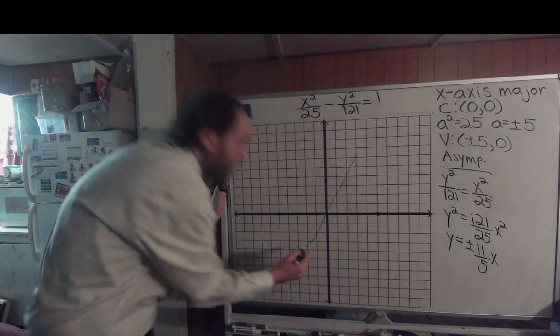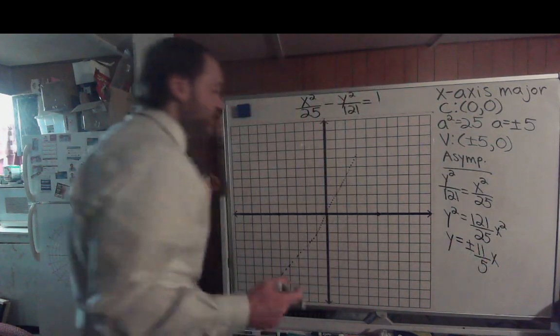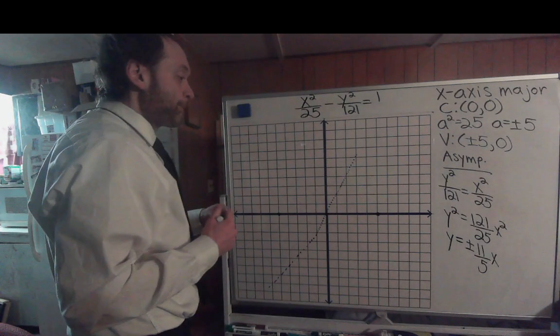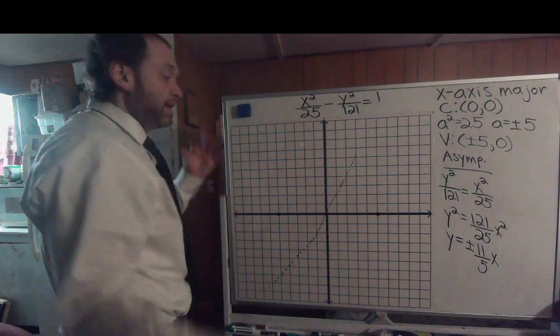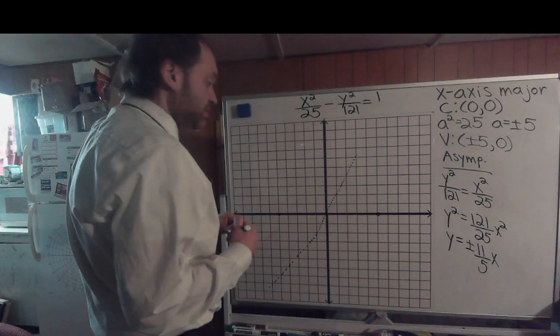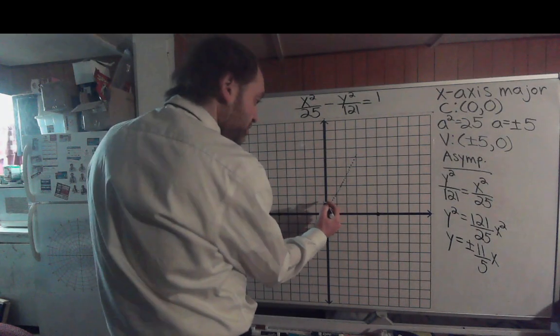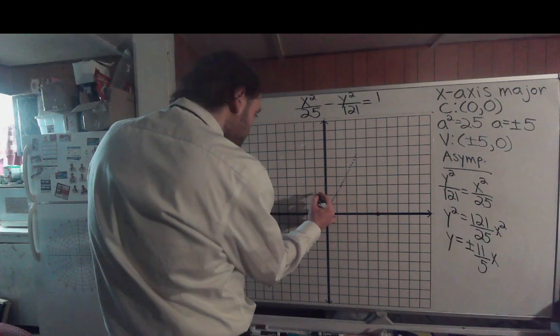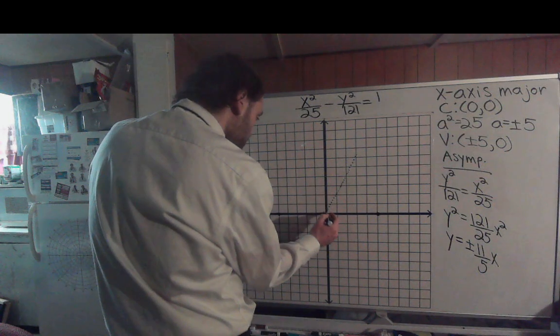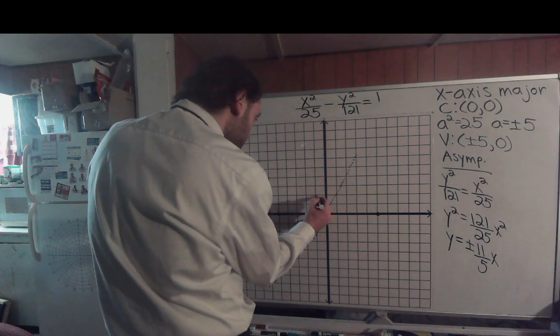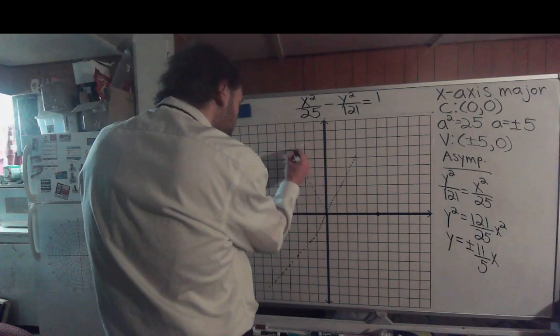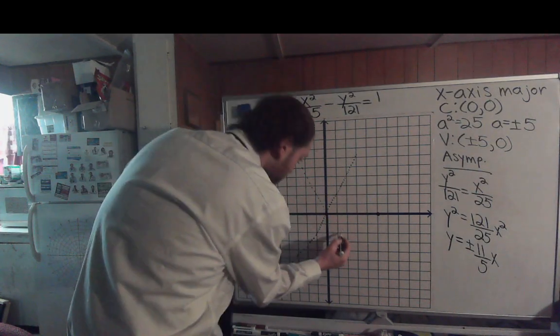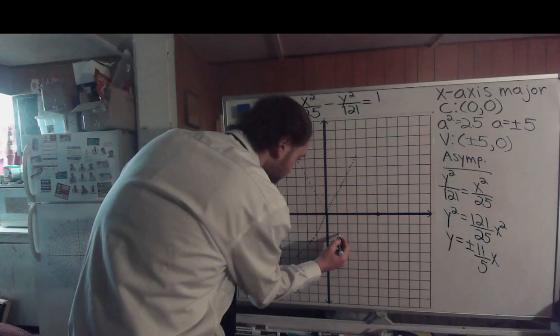For the first one, the plus 11/5 x, we also have to do the -11/5 x. So at -1, you would end up getting a y of positive 2 1/5. So it's going to look about like that. And then at +1, you would get -2 1/5.